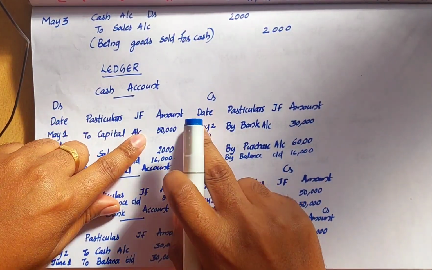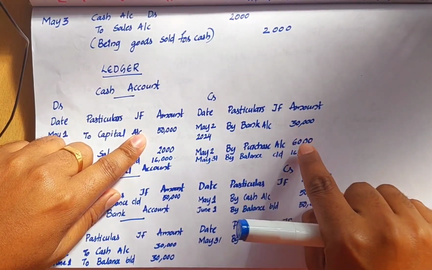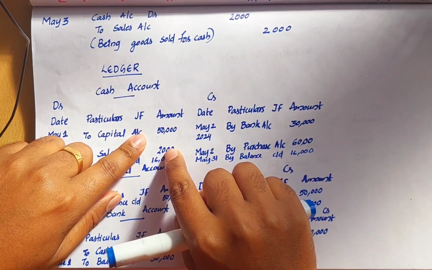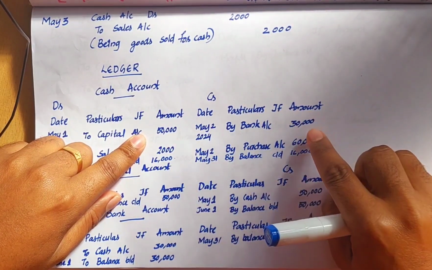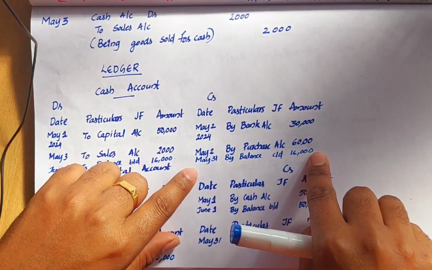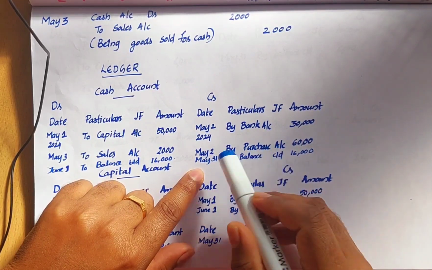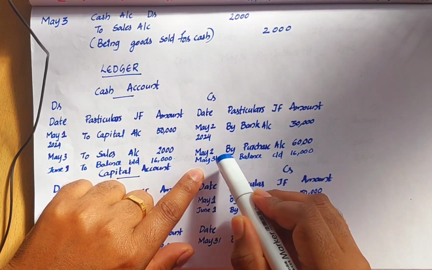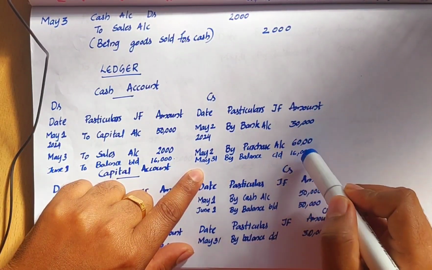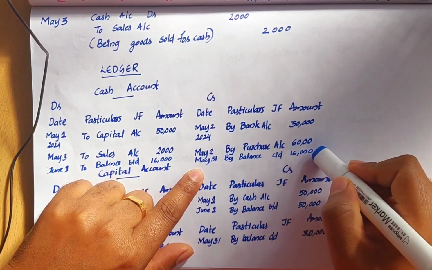Now we need to balance this. How will we balance? Here we have 30,000 plus 6,000, 36,000. Here we have 50,000 plus 2,000, 52,000. So 36 and 52, the difference is 16,000. That we will be posting as an entry on May 31st, the last day of the month, by balance carried down, the difference between 52,000 and 36,000, 16,000.